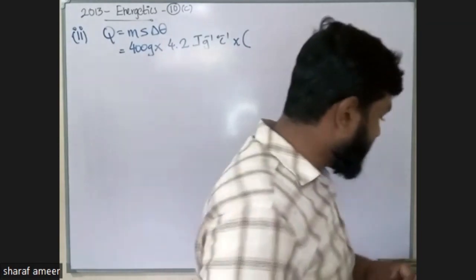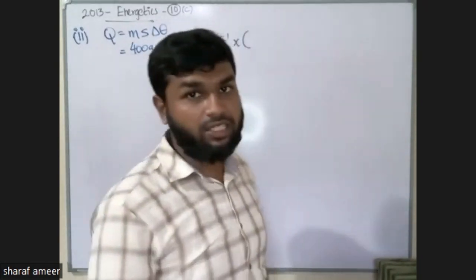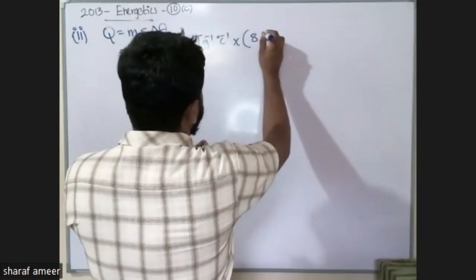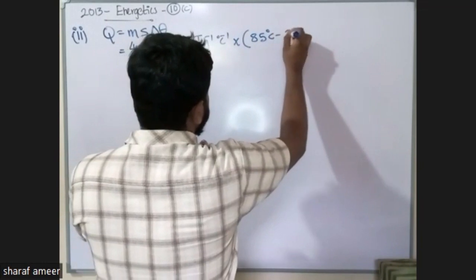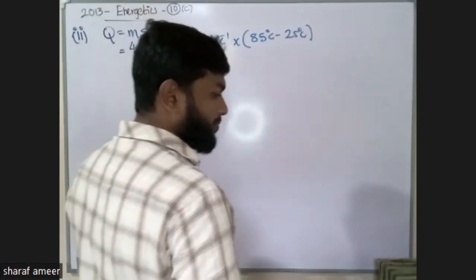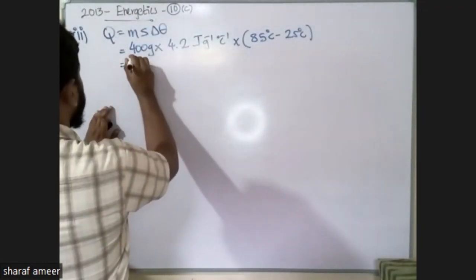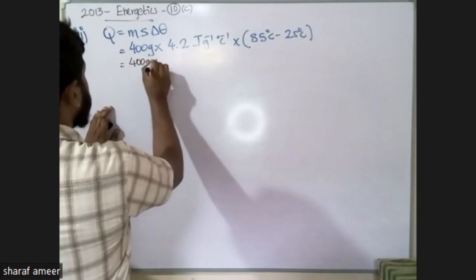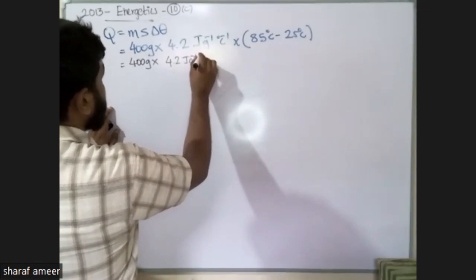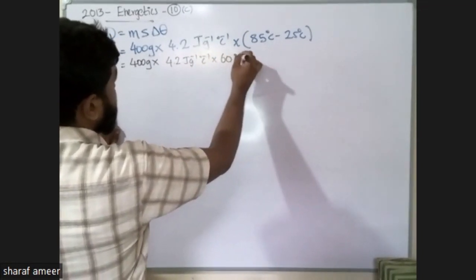What have they given for the temperature difference here? There was an increase in temperature from 25 degrees Celsius to 85 degrees Celsius. So final temperature minus initial temperature. So therefore, 400 grams into 4.2 joules per gram per degree Celsius into 60 degrees Celsius.